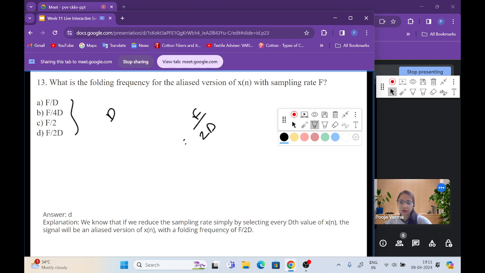Okay, so option D is the correct answer for this question. I hope all of you got this question, so we can move to the next question.